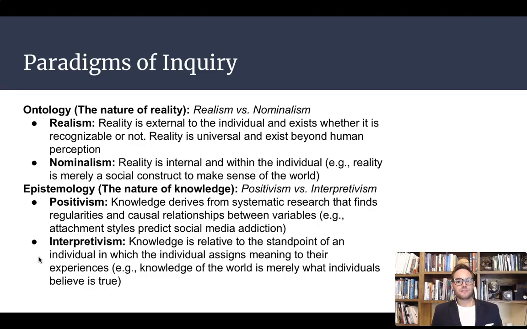Epistemology is the philosophical inquiry related to the nature of knowledge. So, okay, we have ontology, what is reality, and then epistemology really looks at how do we know what we know? Like, what is knowledge?